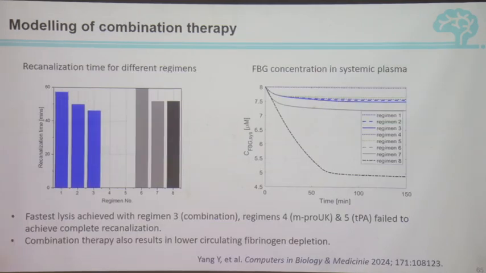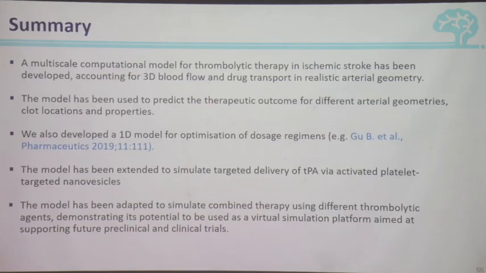I think that probably summarizes the performance, and you can test that for different dosages and different types of clots. So I will not go through too much of these details. If you want to read that, it's all written in that paper.